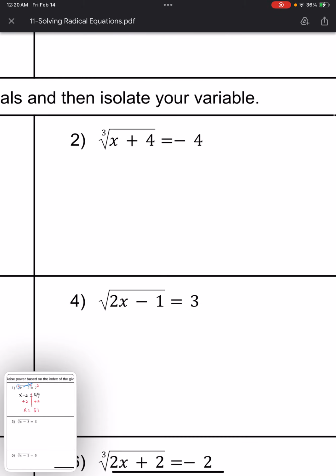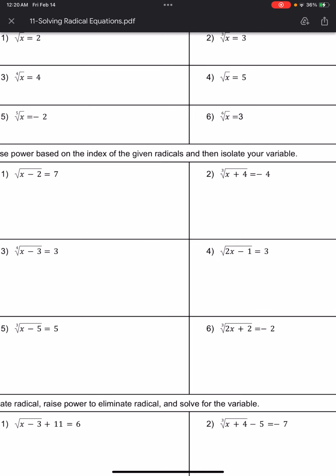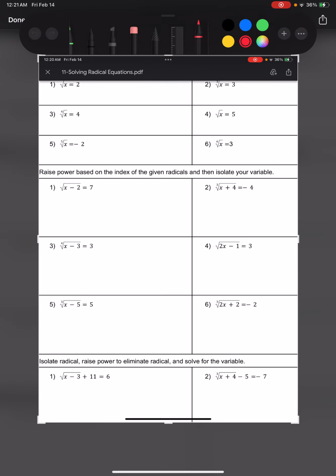Then you can stop the video and check your answers once you're done. I'm going to go ahead and try all 6 problems so that you guys can check your answer once you're done.